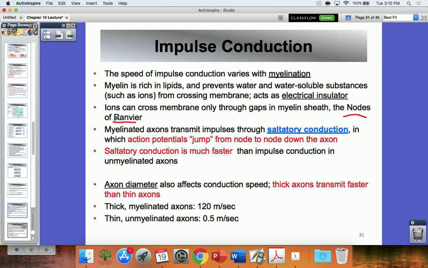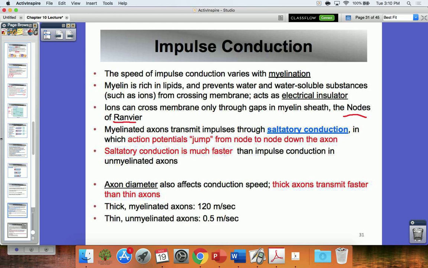I mentioned very briefly that those spaces actually help it to move even faster. The process of the impulses jumping from one node to the next node is called saltatory conduction. I think there's a picture on the next slide where we'll go over this a little bit, but it actually jumps from one node to the next, and it really helps it go a lot faster.